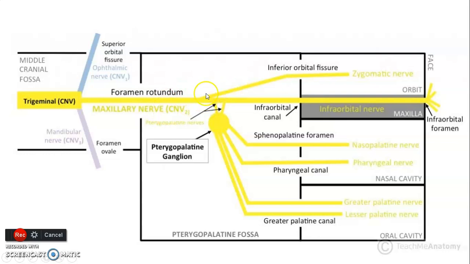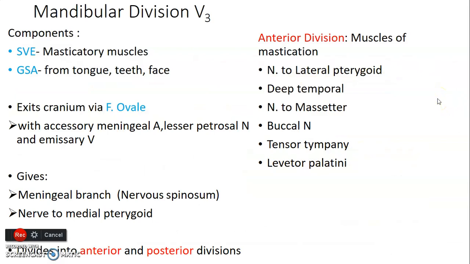Then you can have a branch through the inferior orbital fissure that will give the zygomaticofacial and the zygomaticotemporal, and you can have part of the nerve passing through the pterygopalatine ganglion, that will give you the sphenopalatine foramen, and then you have pharyngeal nerves, your greater palatine to the hard palate and lesser palatine to the soft palate. But you also have, through the infraorbital canal, your infraorbital nerve through the infraorbital foramen.